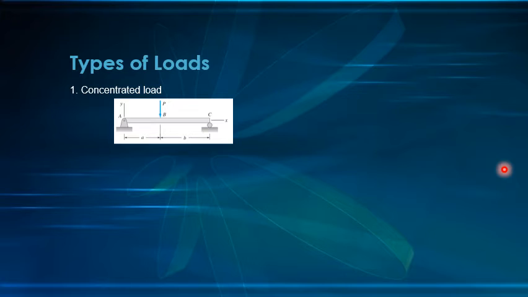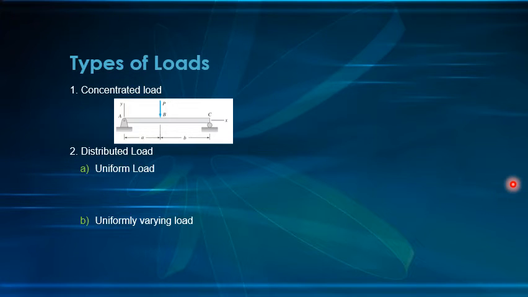The next one, we have the distributed load. So when we say distributed loads, it acts over a length of a beam. So distributed are measured by their intensity. So there are two types of distributed load as well. We have the uniform load and uniformly varying load.